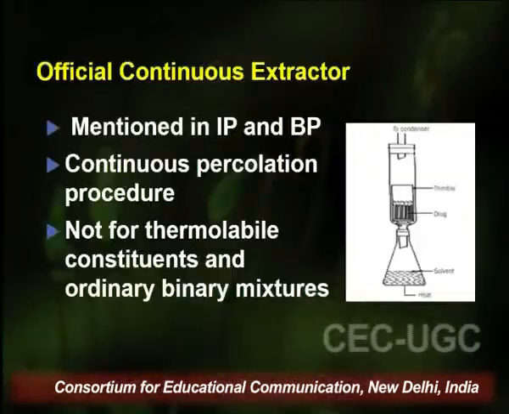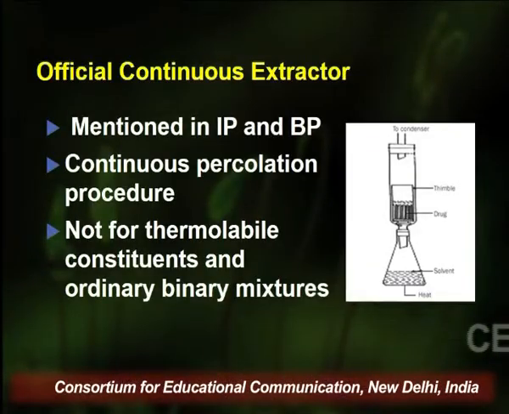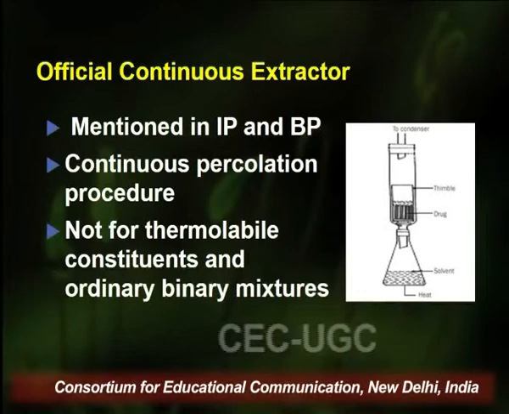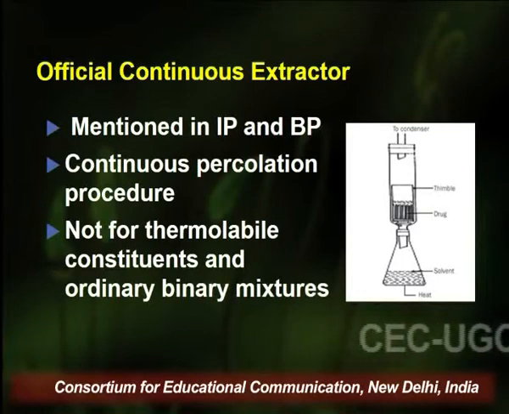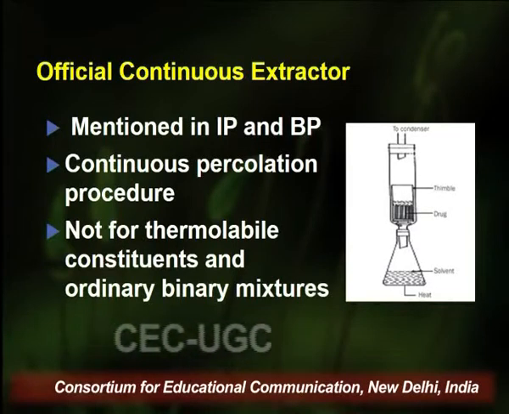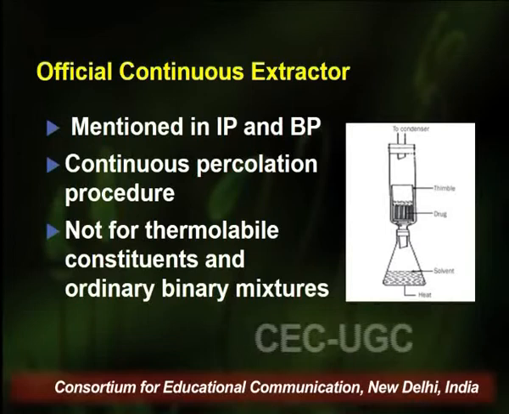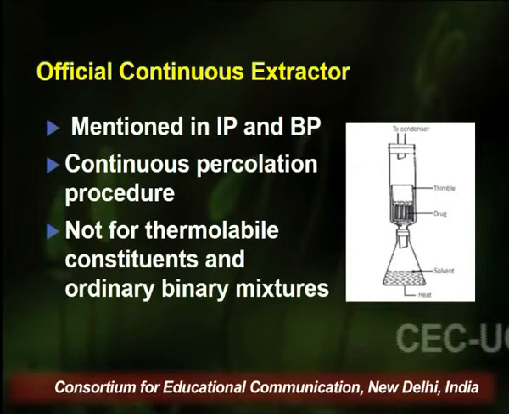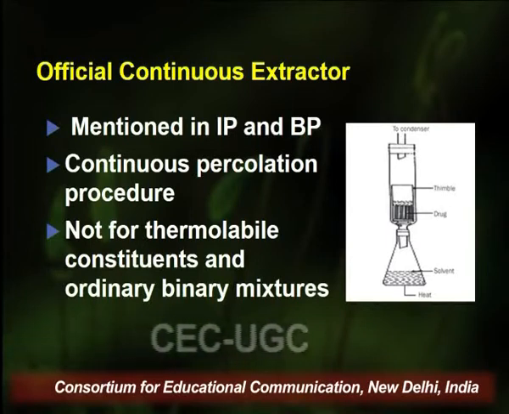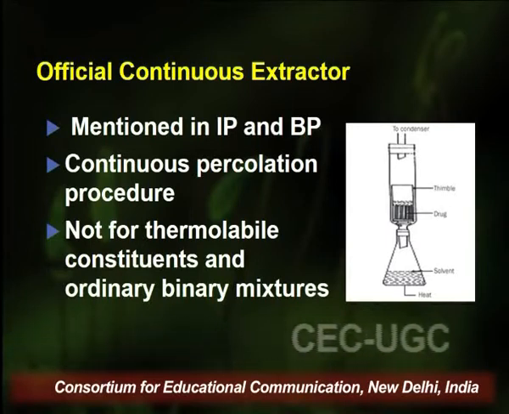The solvent again boils, vapors rise into the condenser, they get condensed, and the solvent falls down onto the drug. The main point to be noted is that every time the drug is extracted with fresh solvent, because the solvent vapors are evaporated, leaving behind the solubilized material in the conical flask, and these solvent vapors are condensed, and fresh solvent falls on the drug and extracts the drug material present in the thimble.